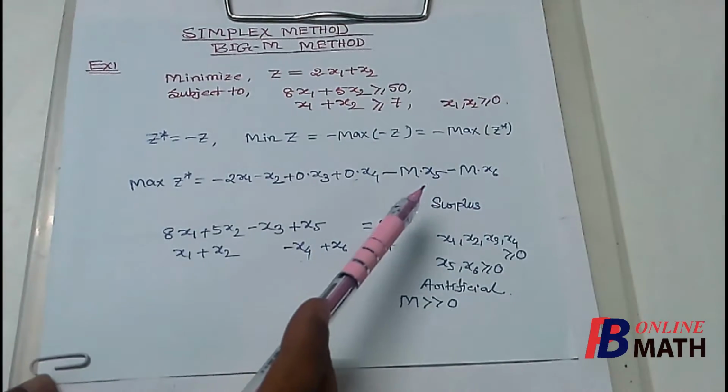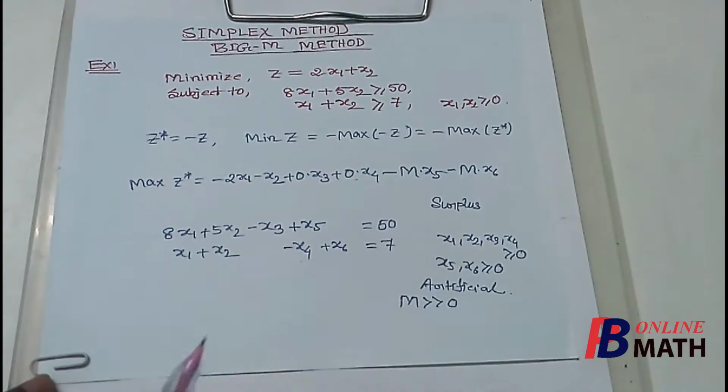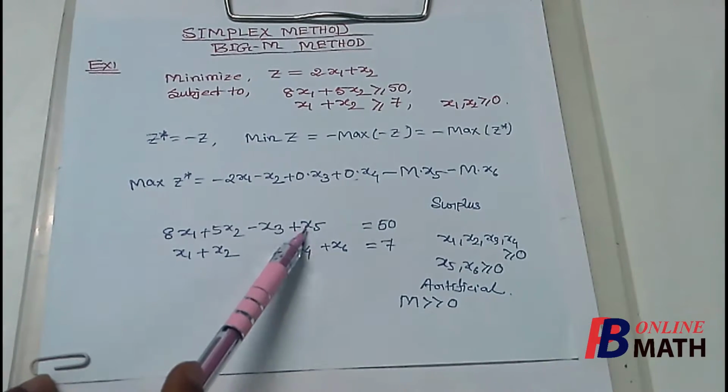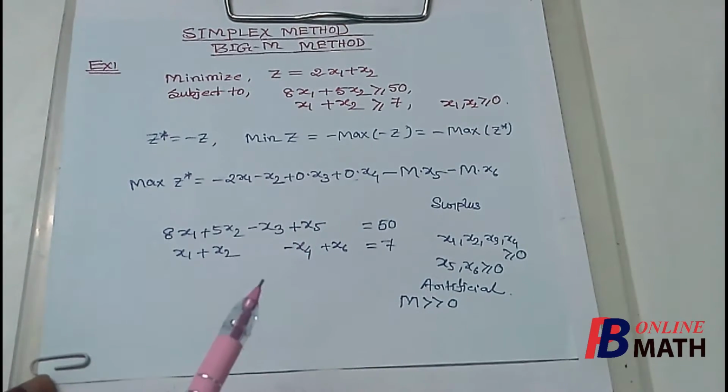That means x5 and x6 will be eliminated from the basis vectors. Although we are starting with these two variables x5 and x6, such that a5 and a6 are unit basis vectors, at the final stage we expect that these two vectors will be eliminated from the basis. So let us start the solution.